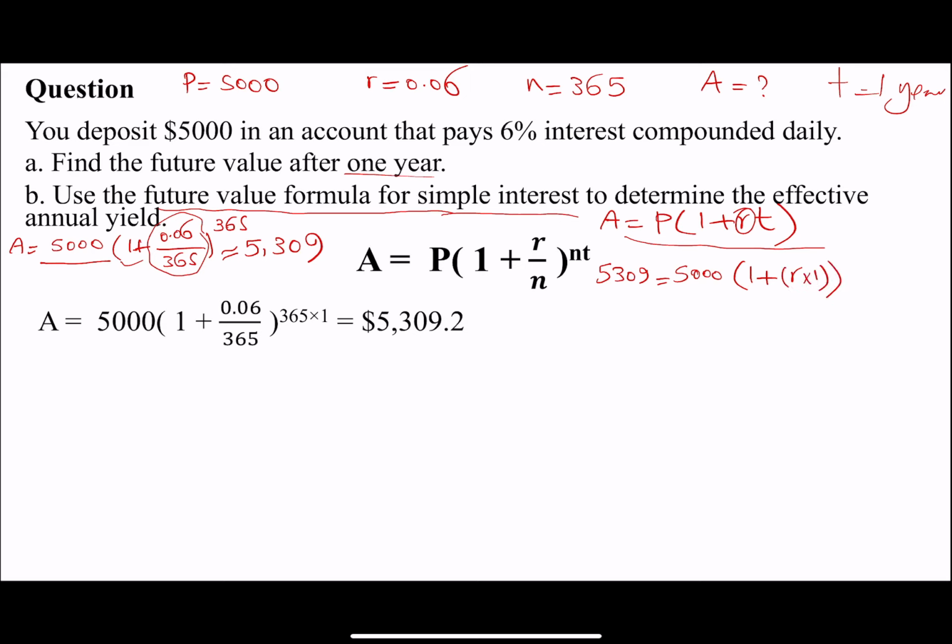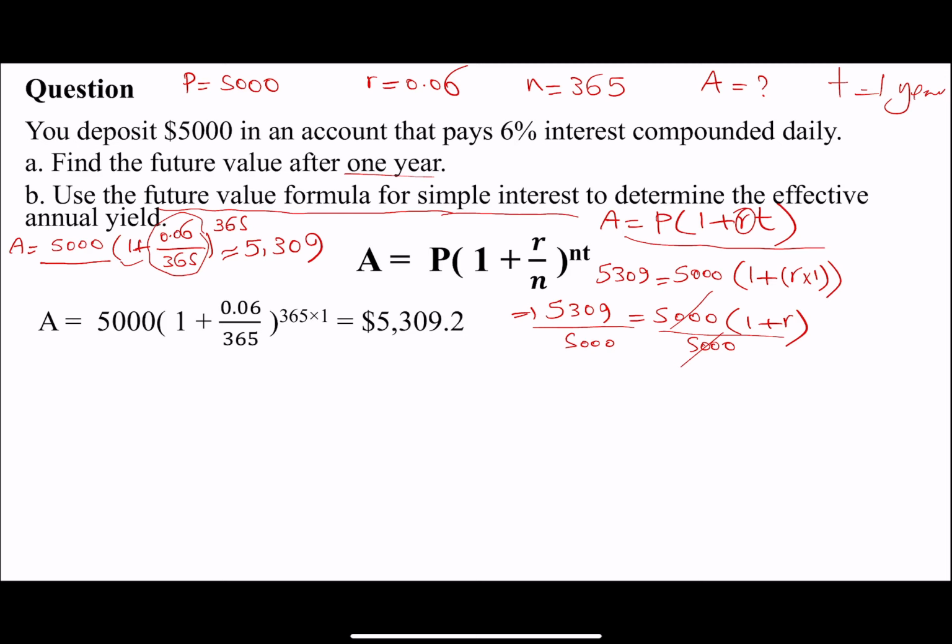So 5,309 is equal to 5,000 times 1 plus R. R is your unknown, so you need to have it by itself on one side of the equation. I divide both sides by 5,000. On the right side, 5,000 and 5,000 cancel out, which is exactly what I want.